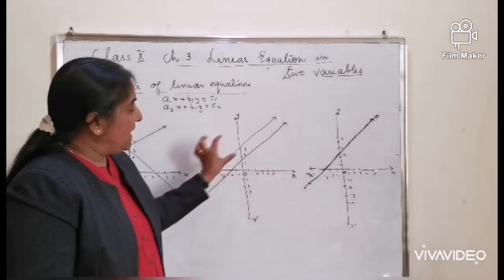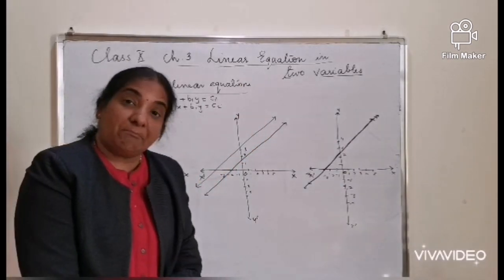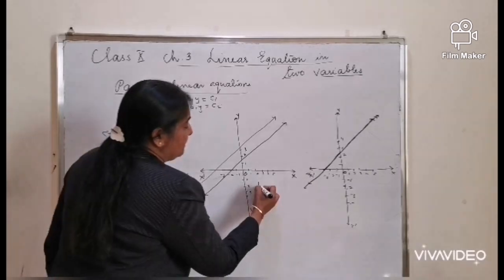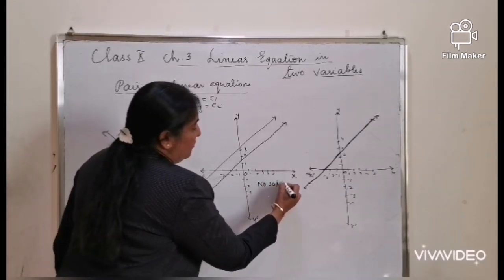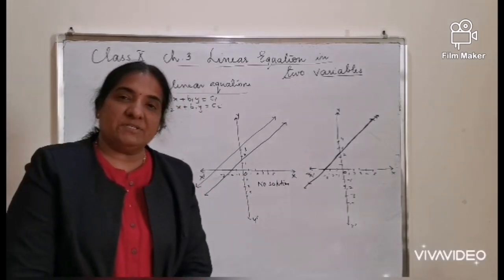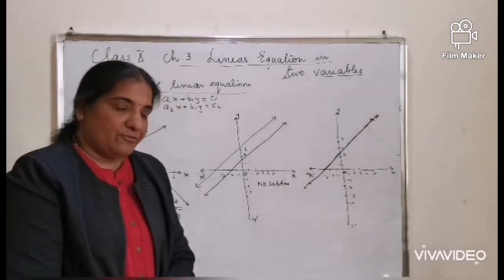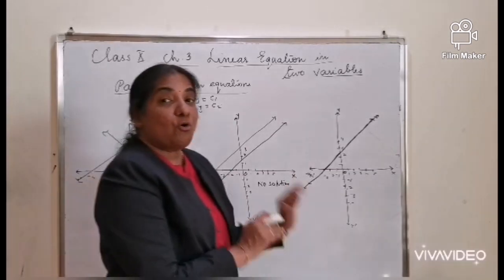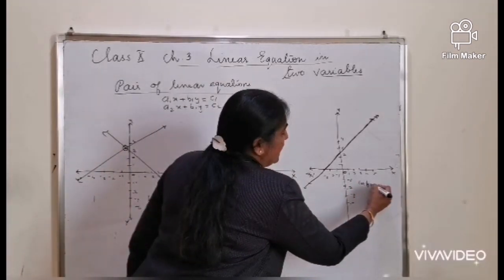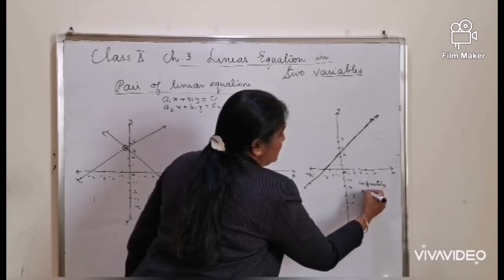When two lines are parallel, there is no solution possible for the pair of linear equations, and if the lines are coincident, there are infinitely many solutions.